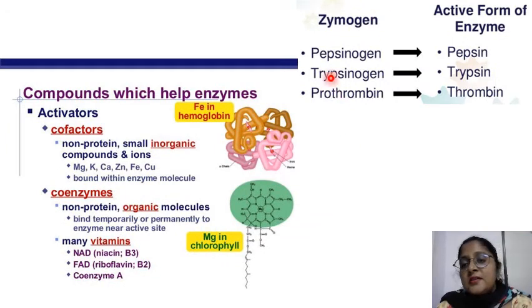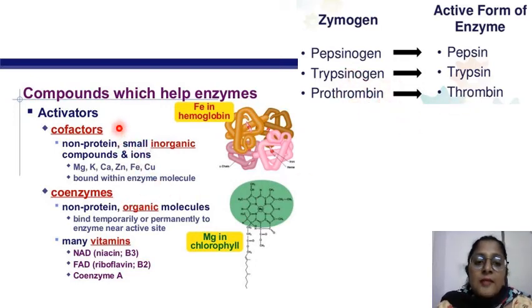Pepsinogen, as we have learned in the digestion chapter, is a very important zymogen whose active form is pepsin. Similarly, trypsinogen, trypsin, prothrombin, thrombin.